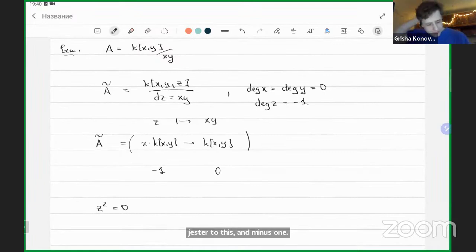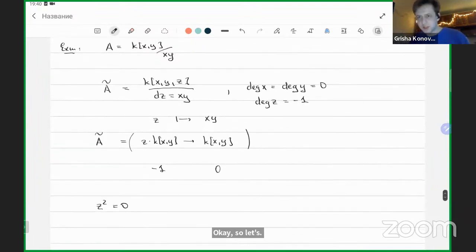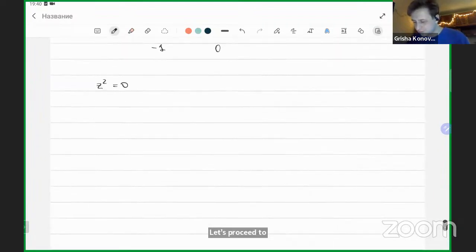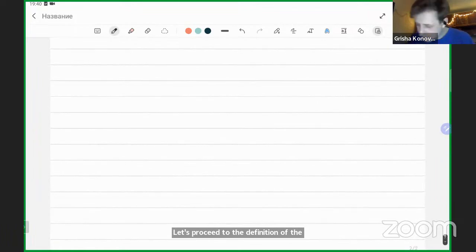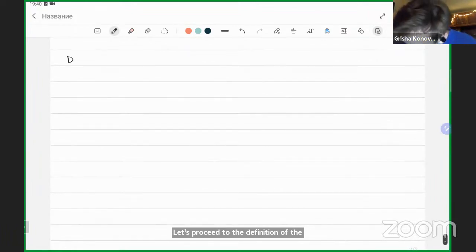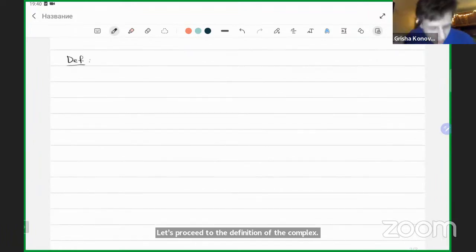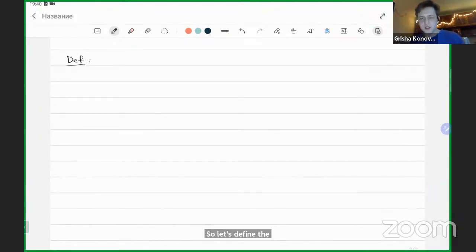Okay, so let's proceed to the definition of the cotangent complex. So let's define a functor. The definition will be similar to the definition of the Kahler differentials.